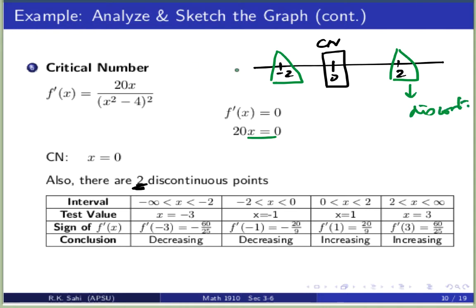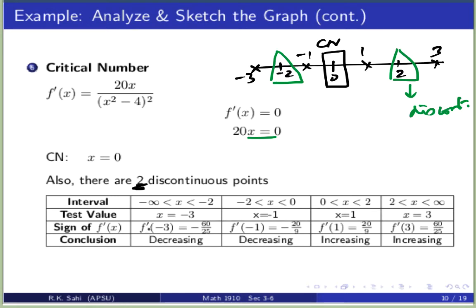Now we're going to take our test intervals. The intervals are minus infinity to minus 2, minus 2 to 0, 0 to 2, and 2 to infinity. You all see that here. What we're going to do is pick numbers for test values: minus 3, minus 1, 1, and 3.